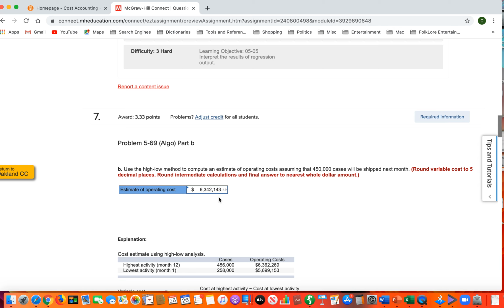But if you took it to just 2 decimal places, 3.35, you'll get this. Mine was 6,342,175. I was more accurate. But again, let's say round the variable cost and then round the intermediate values to the final to the nearest whole dollar. Well, I did it all the way through all 5 decimal places. Okay, so that's how you do the high-low method.